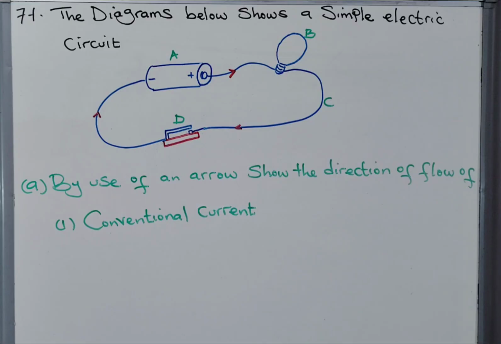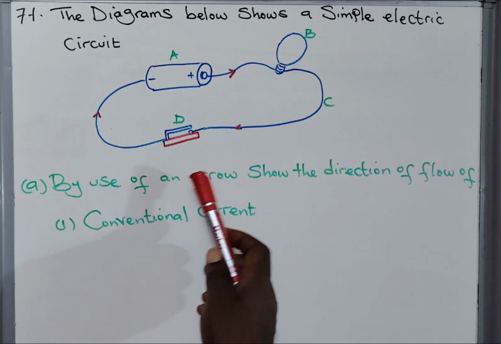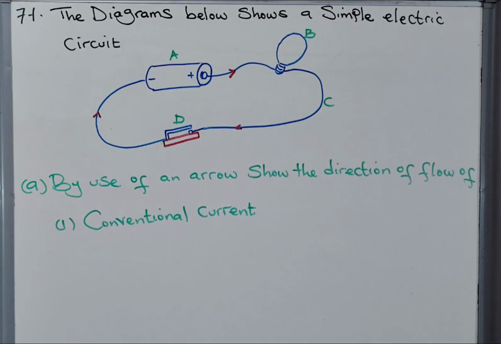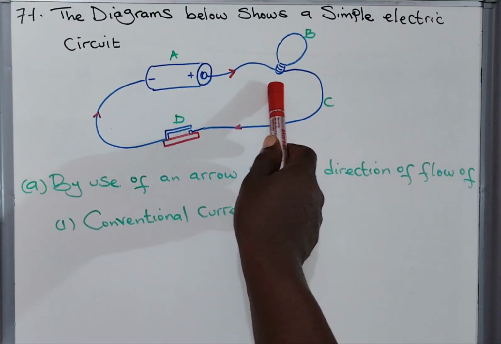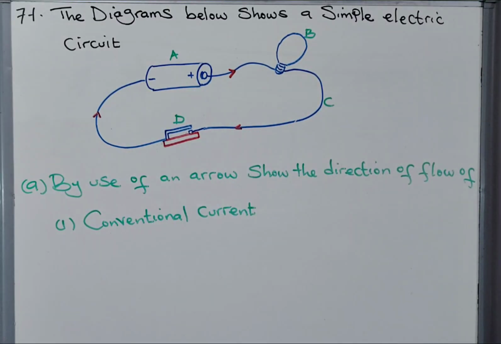Actually, it was developed before people came to know that it is the electrons which are conducting electricity. At first, there was a belief that electricity is due to flow of positive charge. So it was developed, but eventually they said, no, we are not going to change. The current must be maintained in the positive direction. So you just locate where the positive of the battery is and take the arrow away from it in the external circuit.